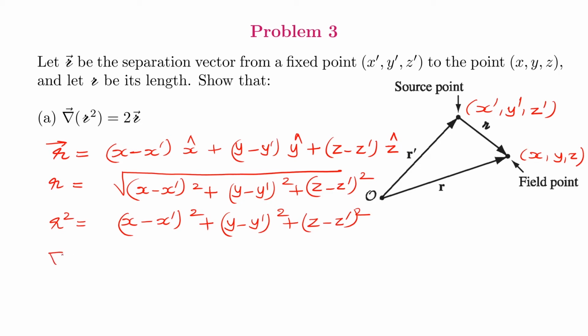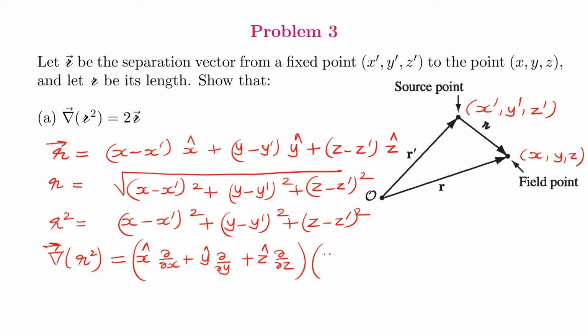We have to find out the gradient of r squared. This is equal to x hat del by del x plus y hat del by del y plus z hat del by del z, acting on (x minus x') the whole squared plus (y minus y') the whole squared plus (z minus z') the whole squared.